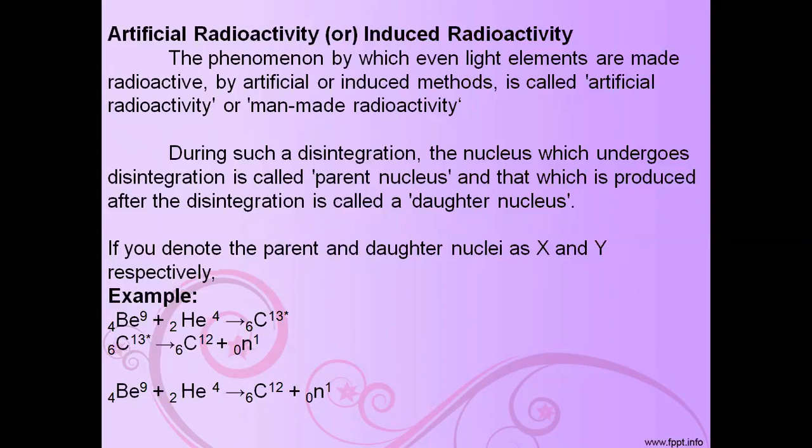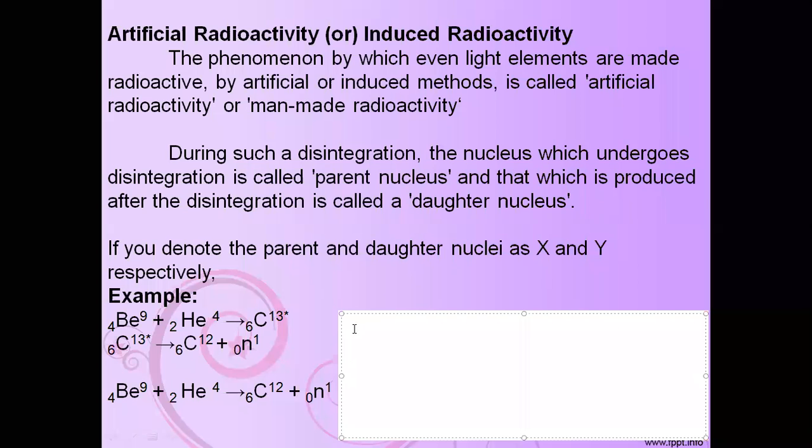So artificial radioactivity was discovered by Irene Curie and F. Joliot in 1934.